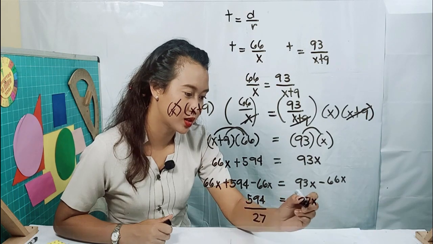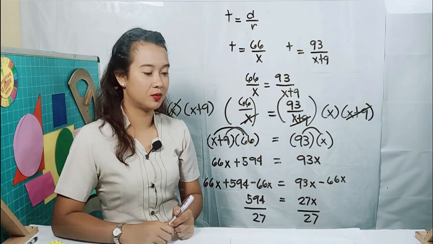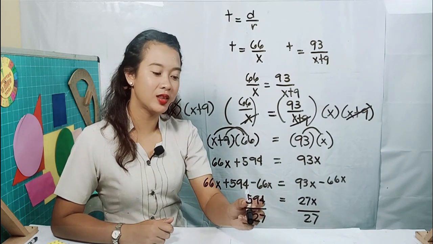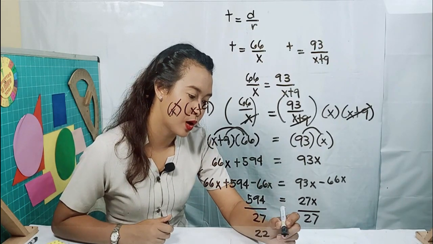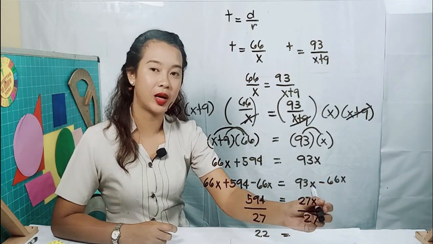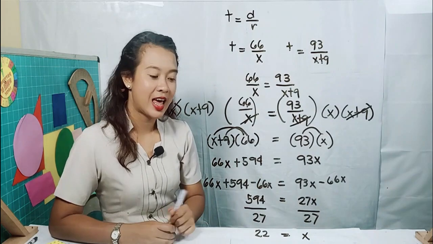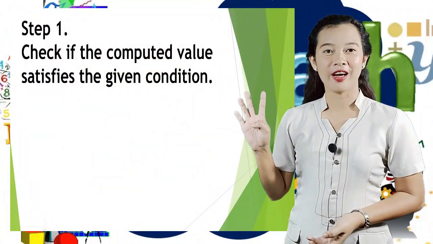Divided by 27 and divided by 27. 594 divided by 27 is 22, equals 27x divided by 27 is x. X equals 22.